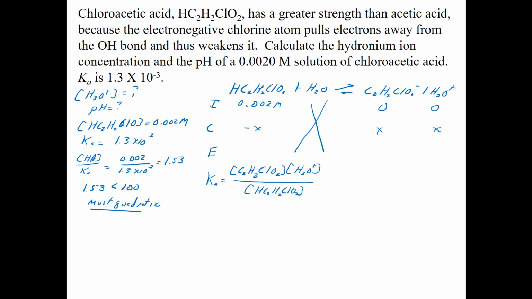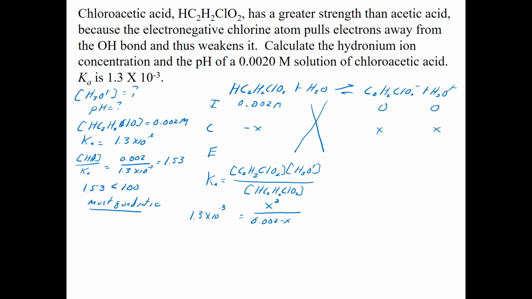So I have 1.3 times 10 to the minus 3 equals 0 plus x and 0 plus x, so it's x squared over 0.002 minus x. I can't get rid of it, so I have to keep the minus x here.